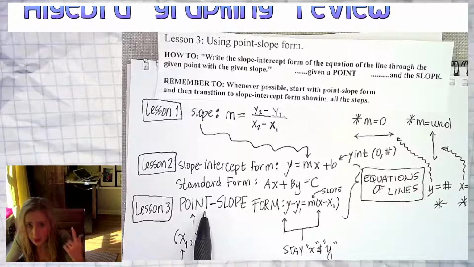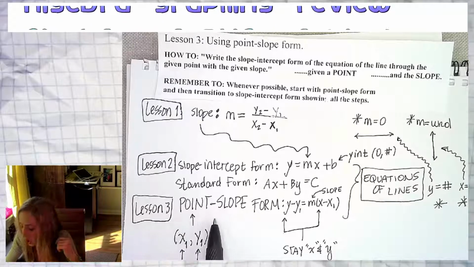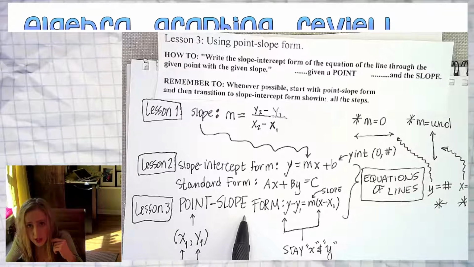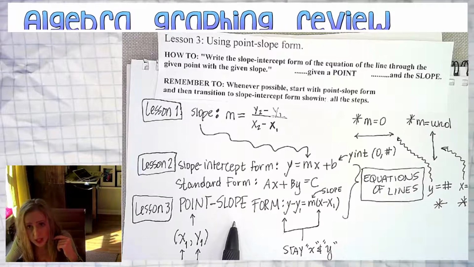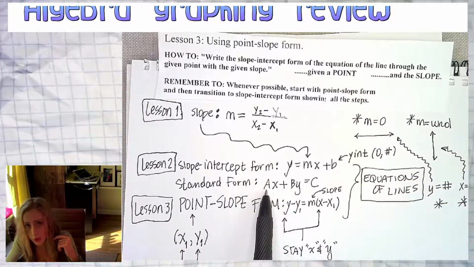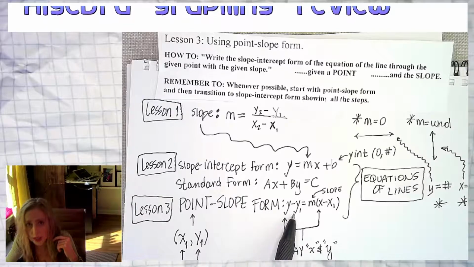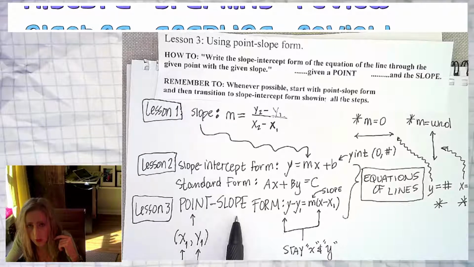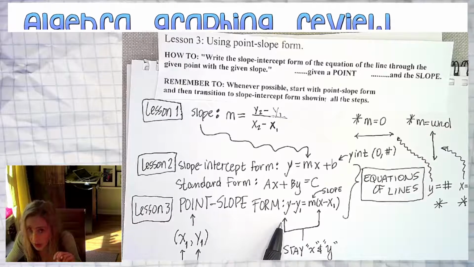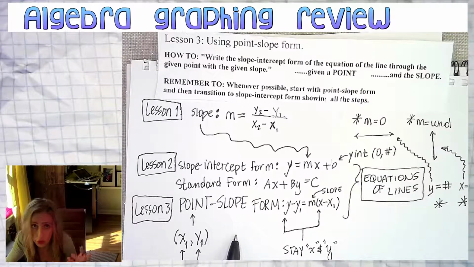Point slope form just requires you have a point and a slope. And then from here, it is possible to change this into both of those forms. So this is a great starting place if you have a point and a slope, or 2 points, because you can find the slope, and then you'll have 2 points and a slope.